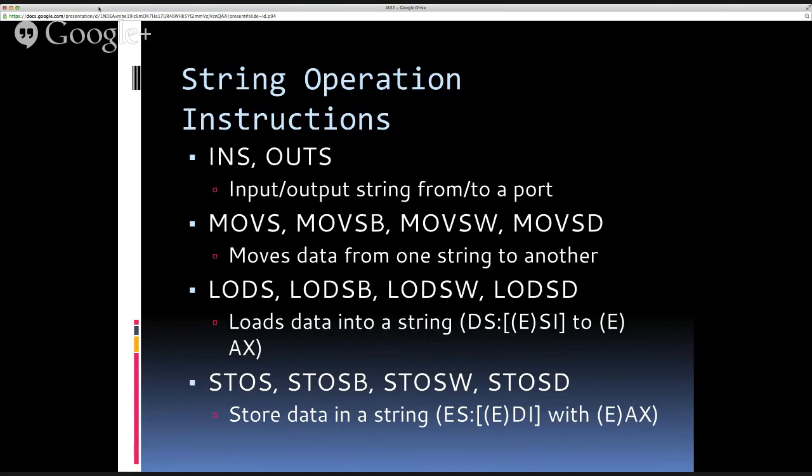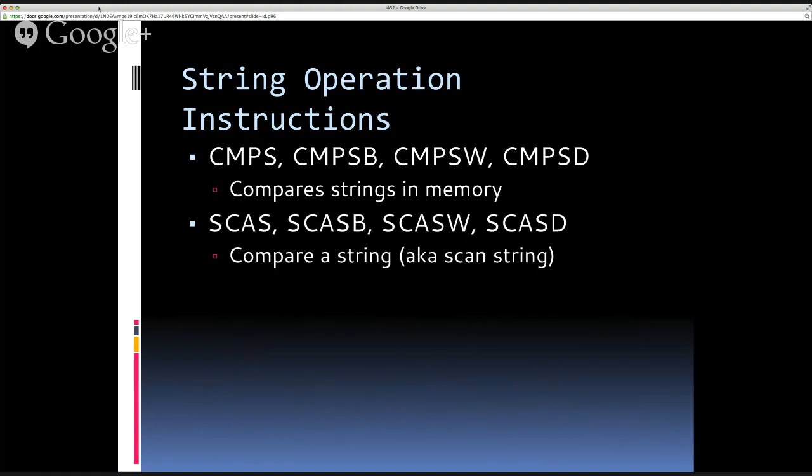So again, I would refer you to the Intel manuals if you are going to be using these, to see the exact specifics of how they operate, but that's the general idea. Then we also have the compare and scan string instructions if you're comparing strings in memory. These are quick ways of doing that.